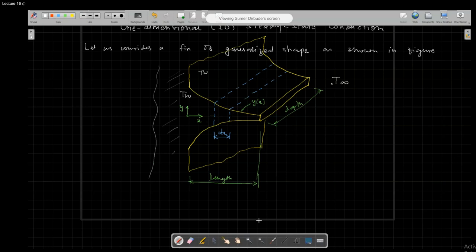Now, in such a case, from the first law of thermodynamics, we know that del Q of a thermodynamic system should be equal to dE plus delta W. In this case, E is defined as the internal energy plus kinetic energy plus potential energy, and this kinetic energy and potential energy are 0.